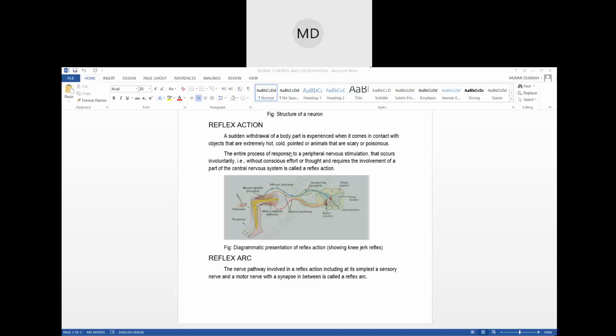What is involuntary and what is voluntary? Involuntary means you are doing that particular thing without your complete consciousness. You are not planning and doing it. And voluntary means you are voluntarily doing something.